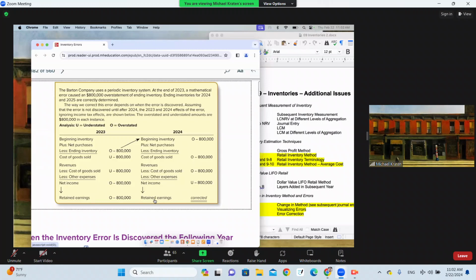Any questions about that? Okay, a little complicated, but I'm hoping what you're thinking is it's sort of just another variation on the same theme that we've been going over time and again in this chapter.